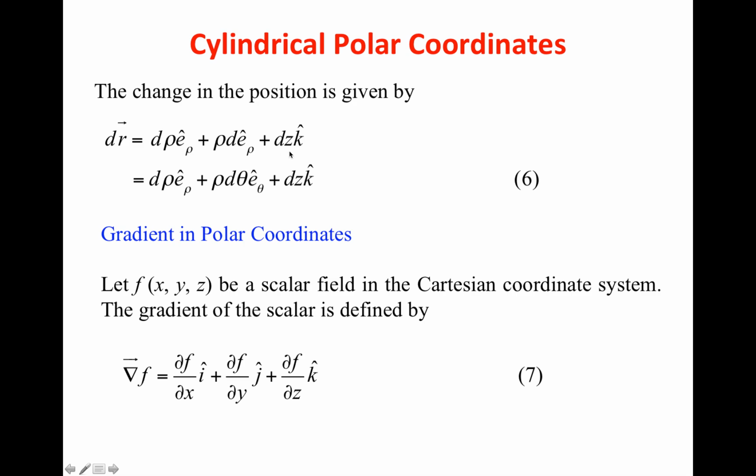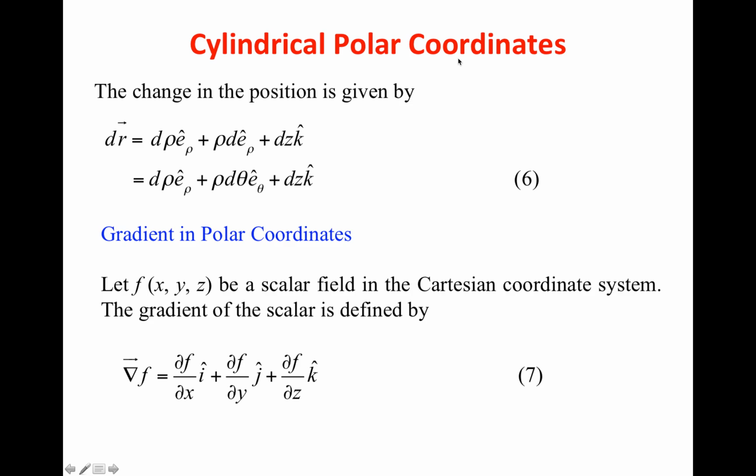So when I take the derivative, I get the derivative of my radius, d rho, in the direction of e_rho cap, plus rho into the derivative of e_rho cap, plus dz into k cap. The rate of change of the unit vector along the radius is given by the unit vector e_theta cap and the change d theta.